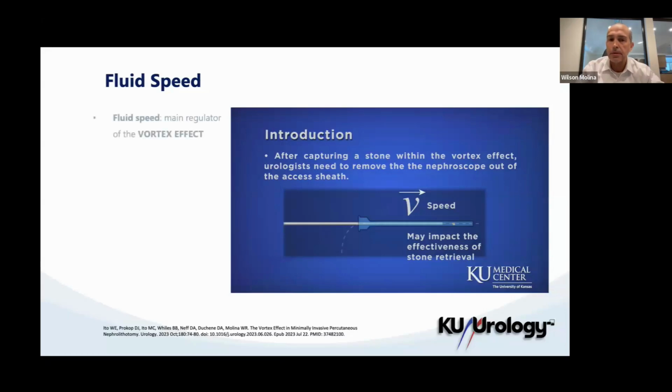Why does that happen? And also, we are thinking about people who do supine PCNL and people who do prone mini perks. What's the difference in terms of angulation and gravity, in terms of interference with the vortex effect?